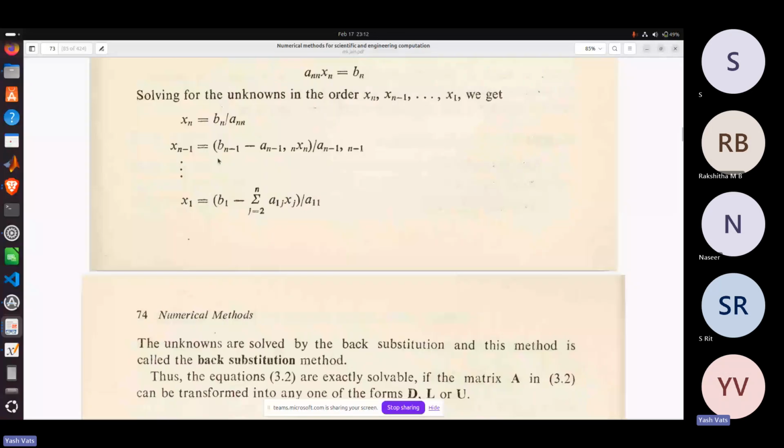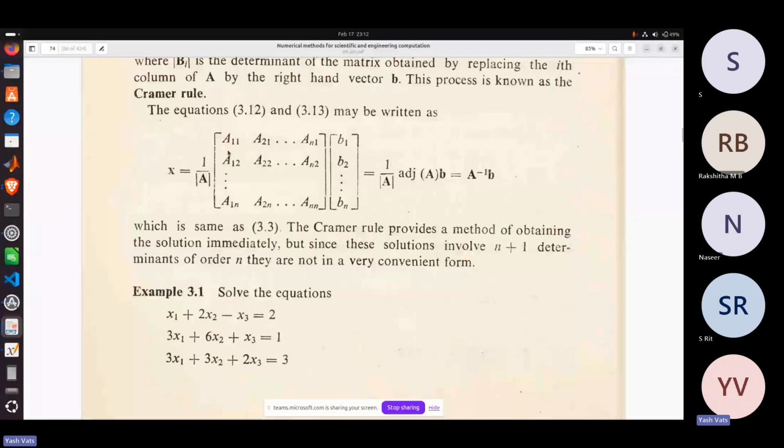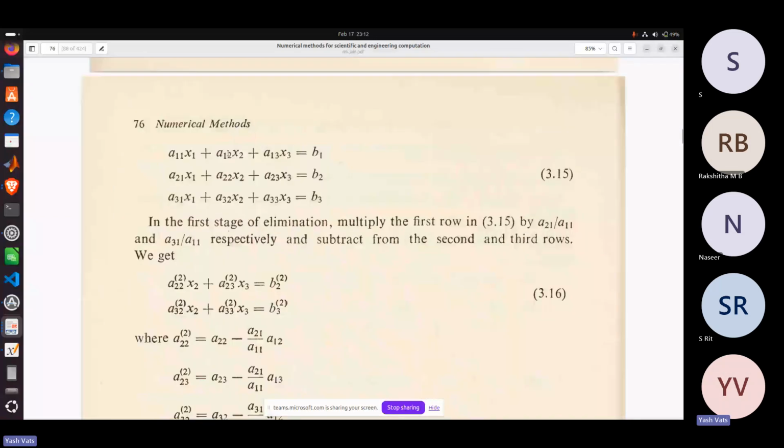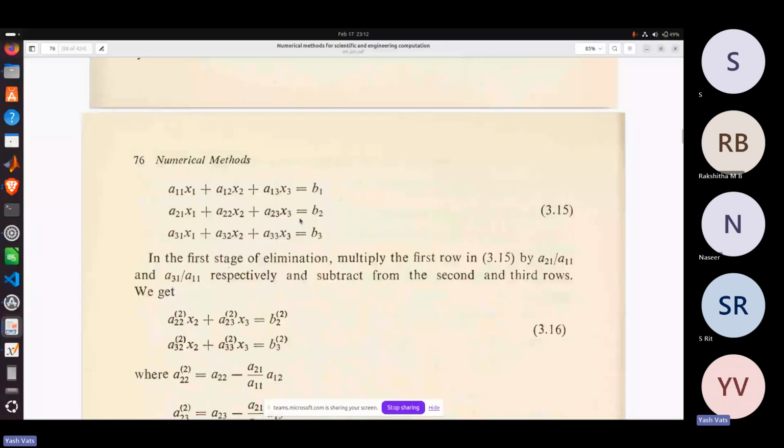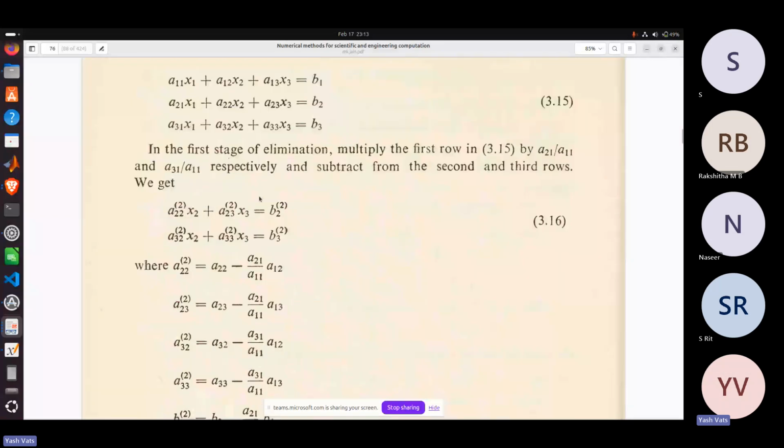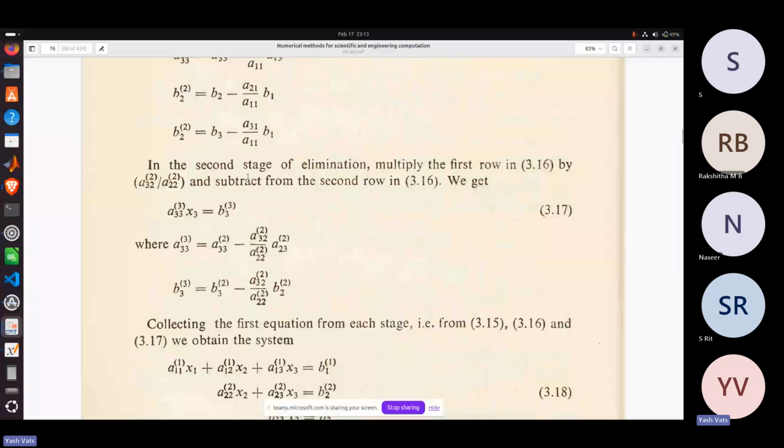Okay, we are not going to do Cramer's rule, that is already done in your course. So Gauss elimination, what's that? If you have a system of equations, like 3 equations or so, then you can find the solution using the Gauss elimination method. What is the difference in this case? Let's see first.